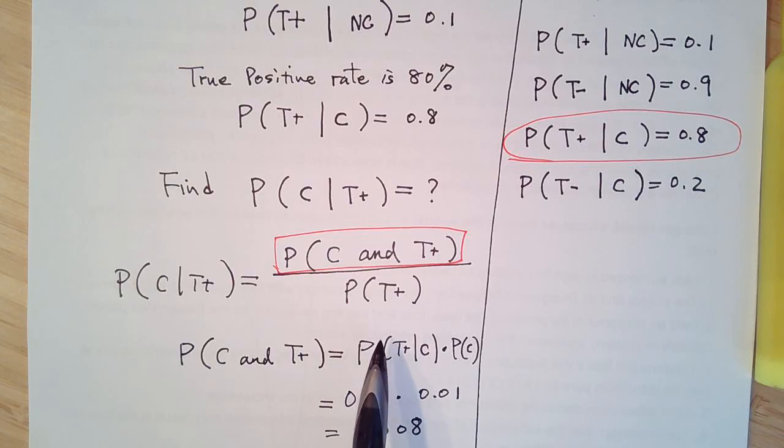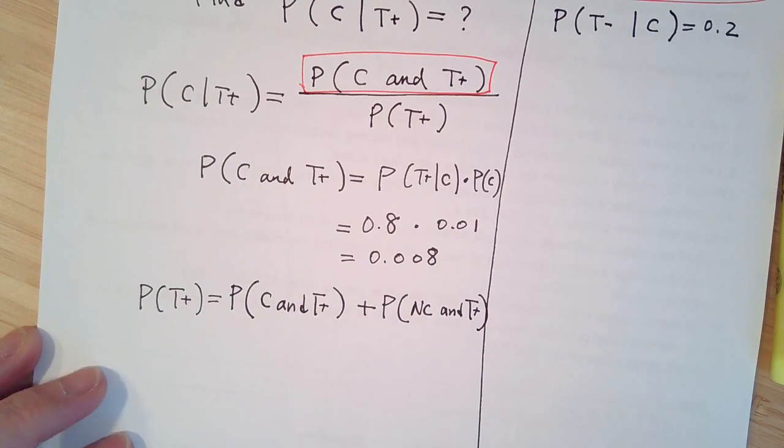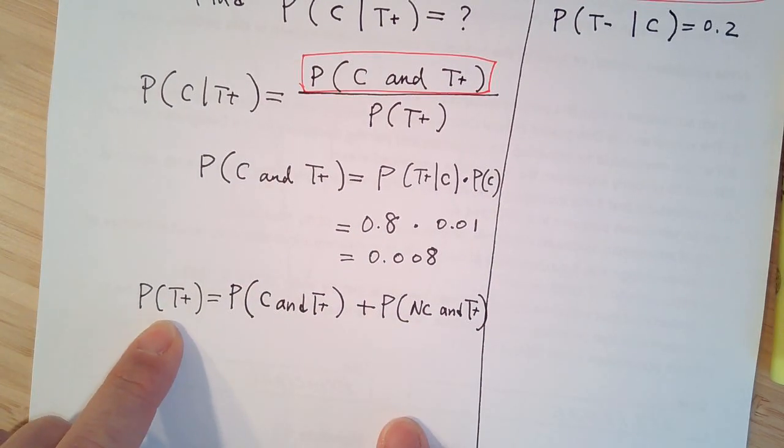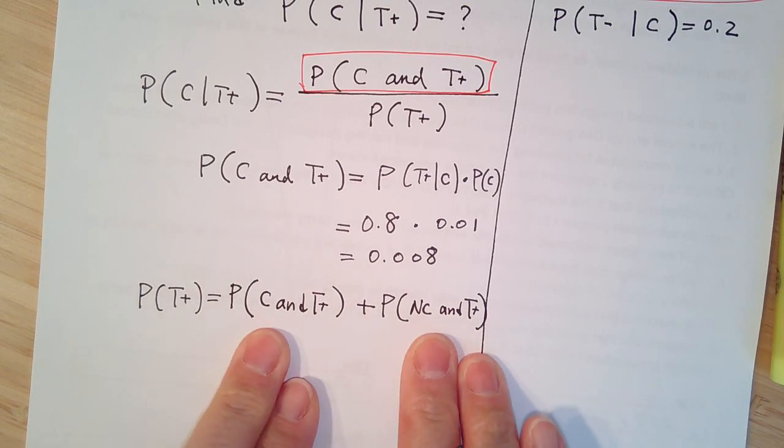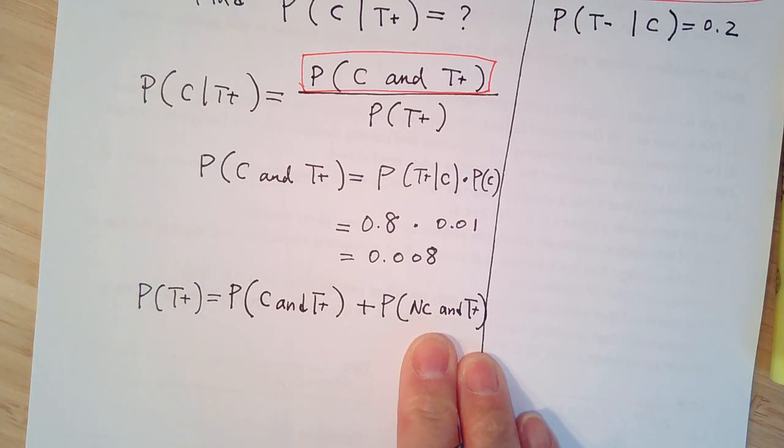So the test positive is actually the probability of C and test positive plus the probability of no C and test positive. Make sense? The chance someone gets a test positive could be either C or no C, so we add these two. That's an addition rule. If you remember, that's the addition rule.